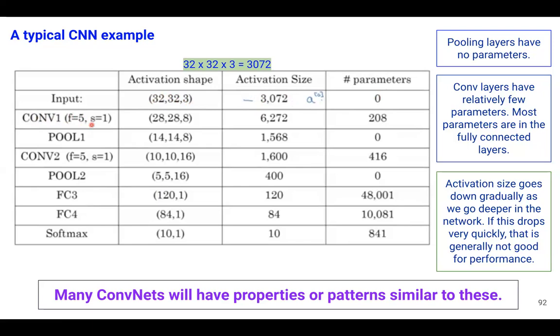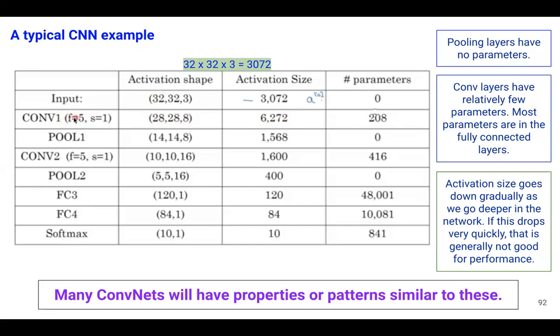Here the filter size is 5 cross 5, stride size is 1. That will shrink your input image to some value, here 28 by 28 by 8. The 8 basically means that one has used 8 such filters. Then you can compute the activation size and the number of parameters.